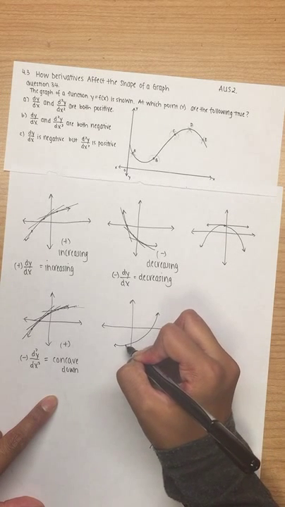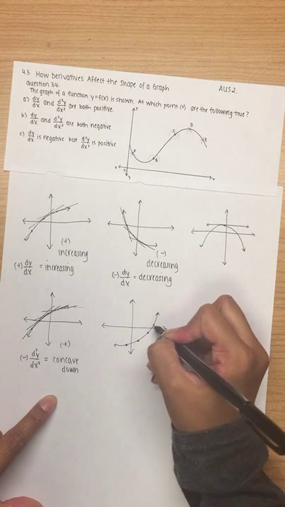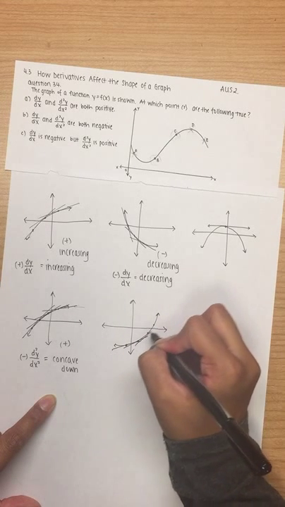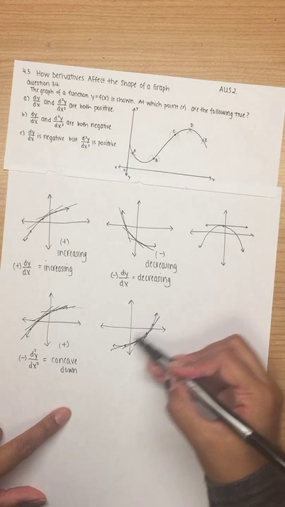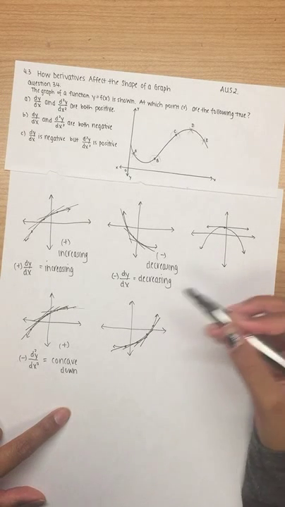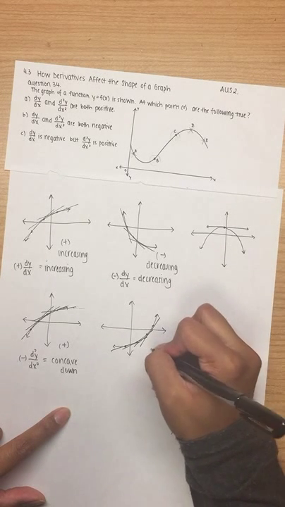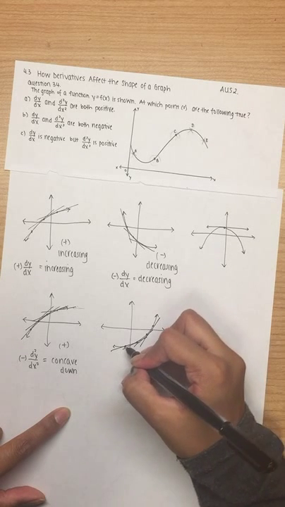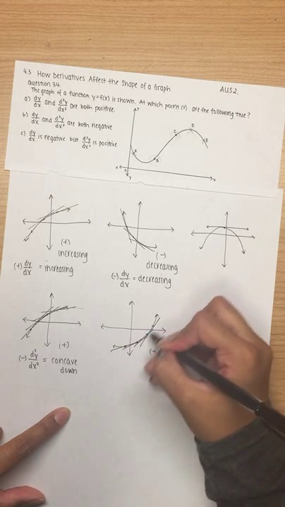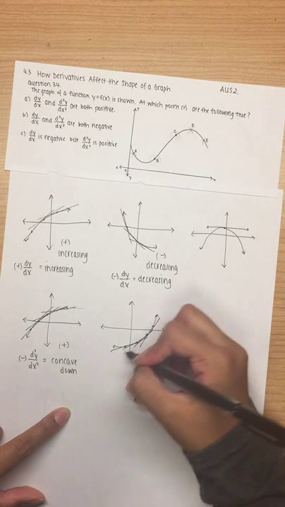Similarly, looking here, we again take the instantaneous slope at various points. The slope is always positive. This function is always increasing over its domain. However, as the x values increase, the slope is getting steeper and steeper.